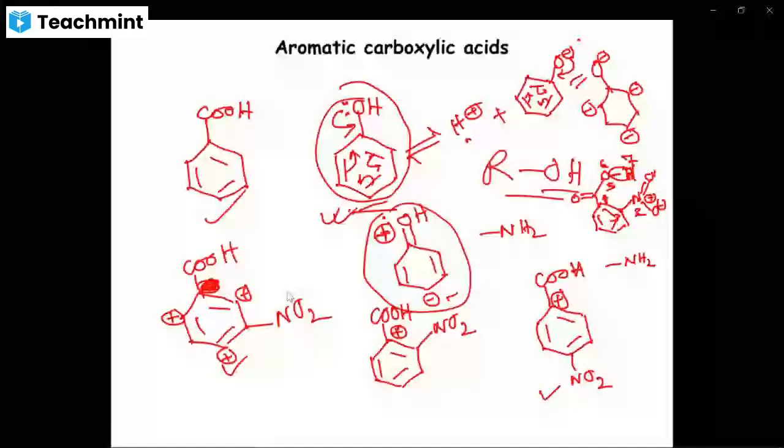Now when it is in the conjugate acid form like this, if your positive charge is at the ipso position, that is a more stabilizing situation compared to when positive charge is on these positions, right? So that's why the ortho will be most acidic, then para, and then meta.